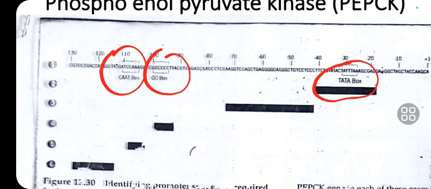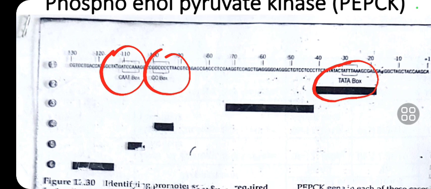CAT and GC boxes are also there. This is the promoter sequence of the PEPCK gene, which produces an enzyme known as phosphoenolpyruvate carboxykinase, an enzyme involved in pyruvate synthesis.